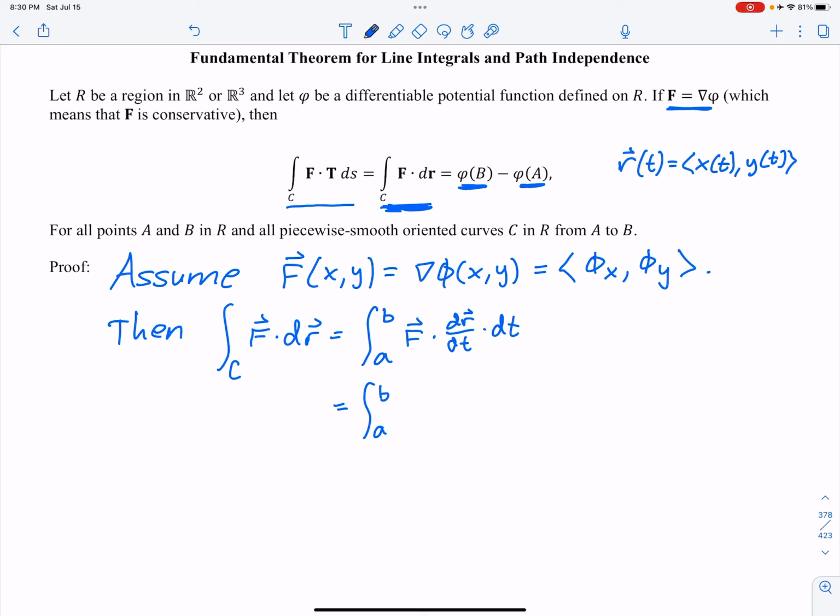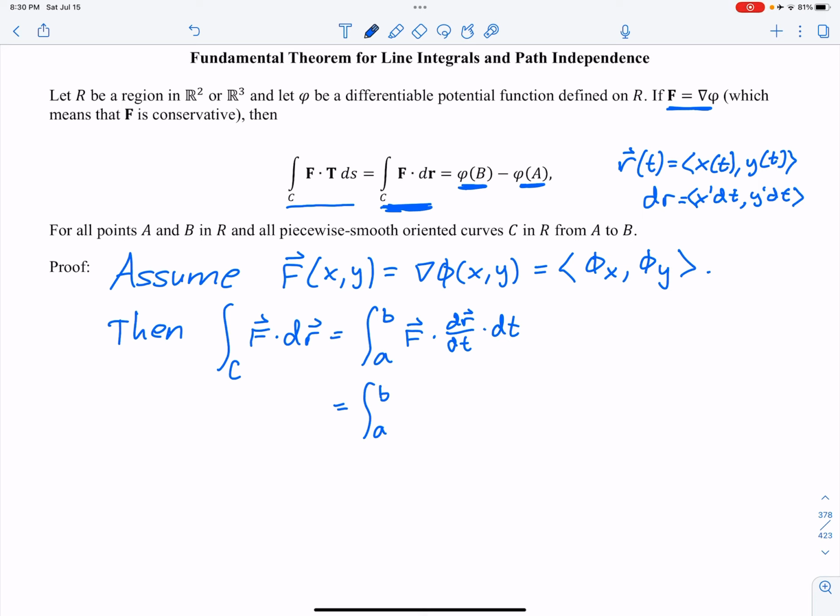That means dr equals x prime, comma, because it's still a vector, and then y prime, times dt. All right, so we have that there.